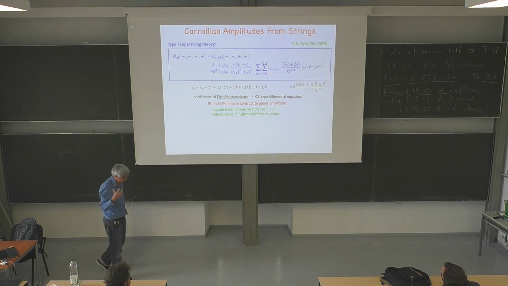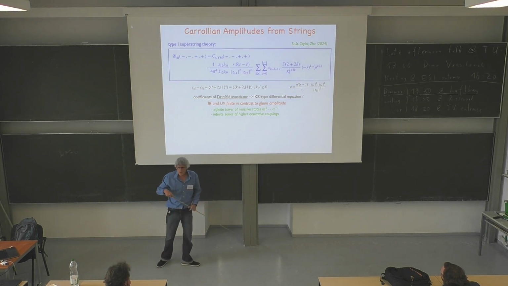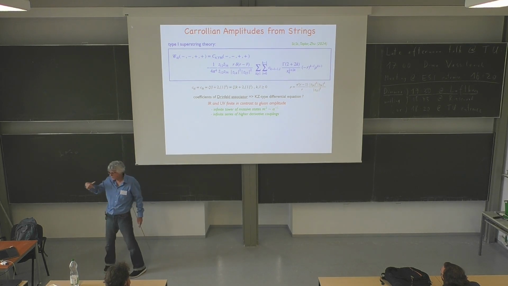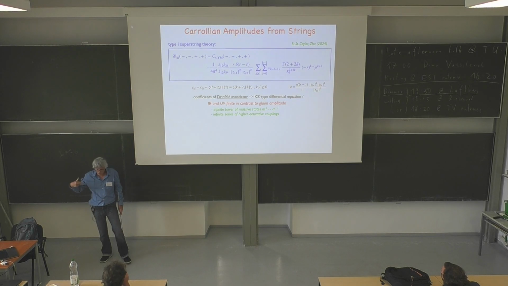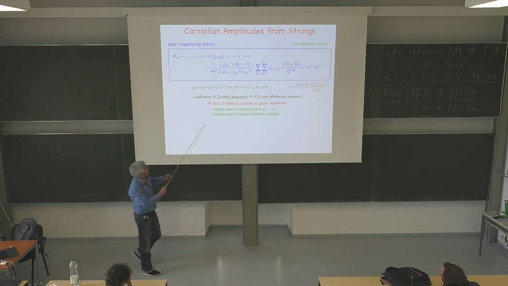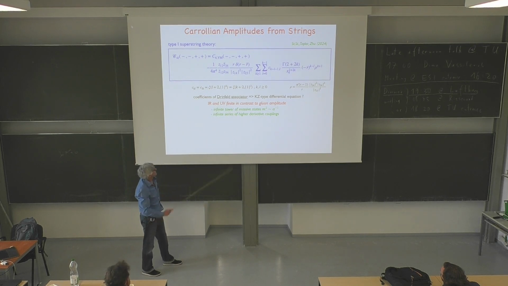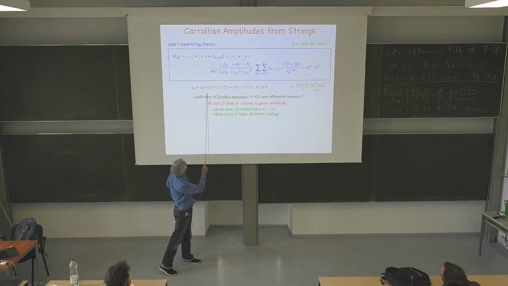When you study KZ-type differential equations, they have monodromies, and out of these solutions you can construct a unique solution without monodromy by taking a ratio. This is the Drinfeld associator, and it has a power series expansion whose coefficients are given in terms of these objects.